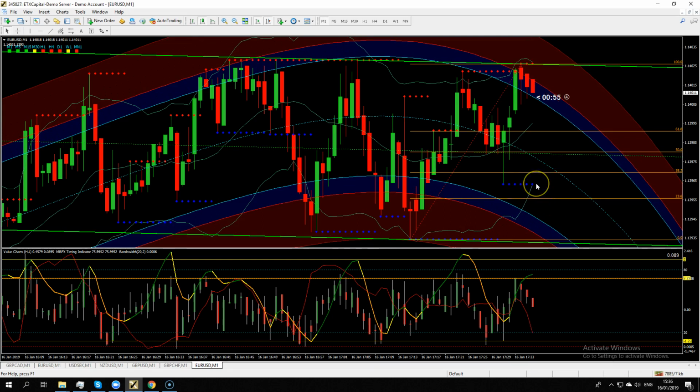And if I get an arrow indicator telling me that price has found its support and is going to go back up, I will take a trade for a call, in other words, for the price to go back up.